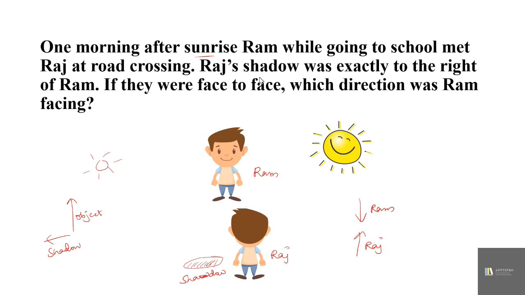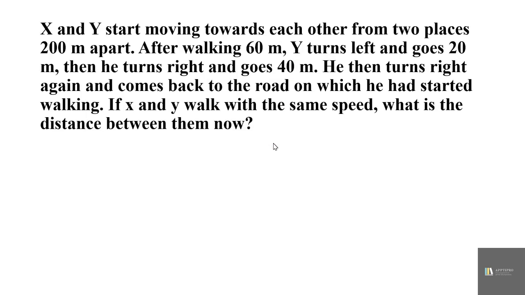Also they have given that Raj's shadow was exactly to the right of Ram. So Raj's shadow is exactly to the right of Ram. This is Ram's right side. From this we can say that Ram is facing in south direction. So the answer is south. Moving on to next question.